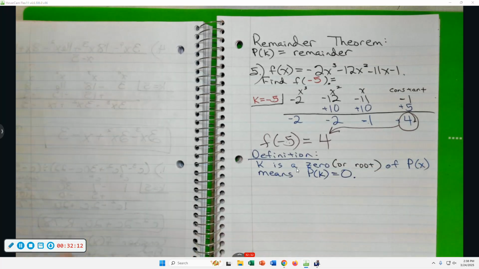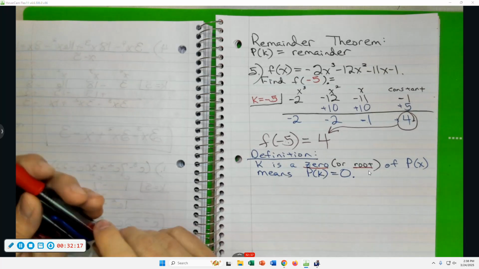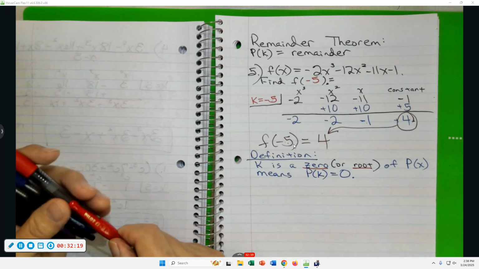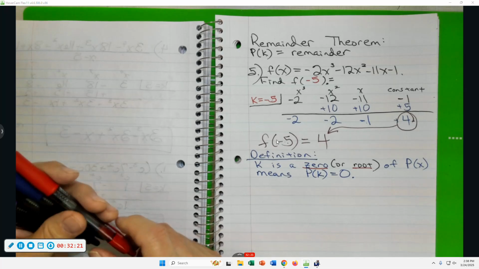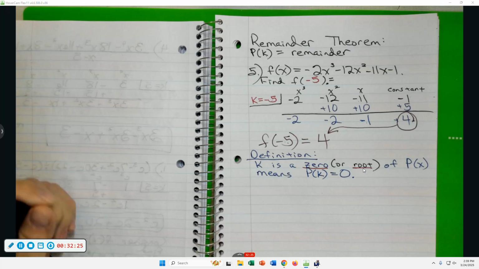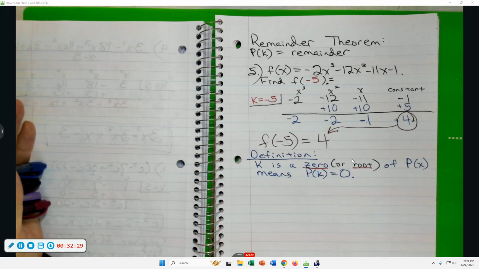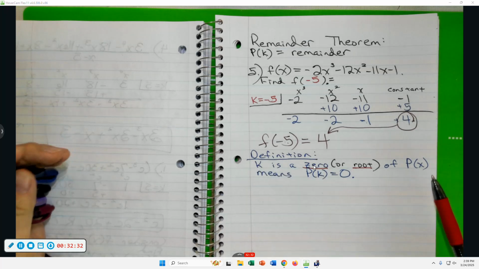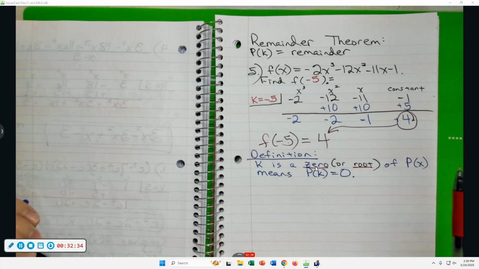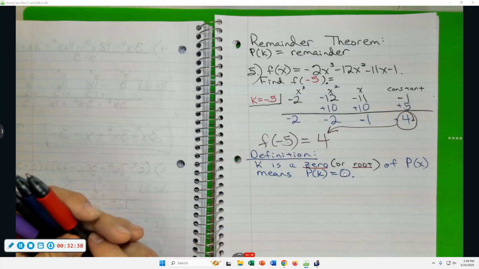We're defining zero or root. Even back when we were in school, these things were called roots. But I guess it was in the 90s when all the textbooks started switching over to the terminology zero. A zero of a polynomial means you can plug that number in and it gives you the value 0.